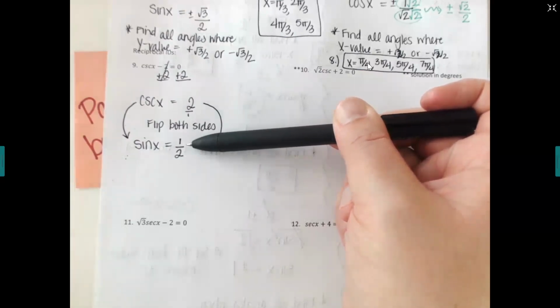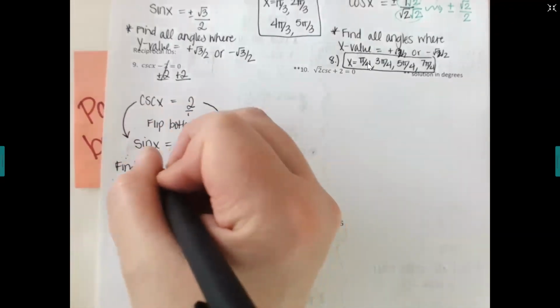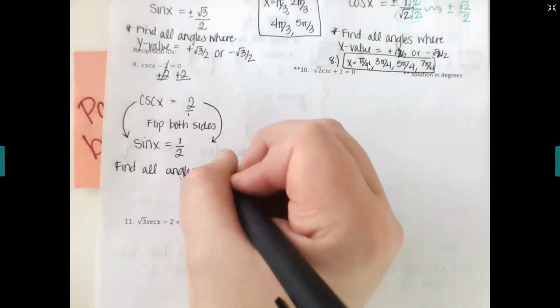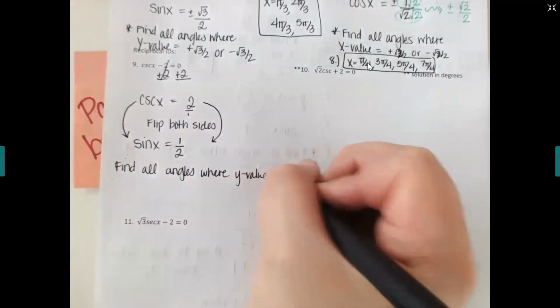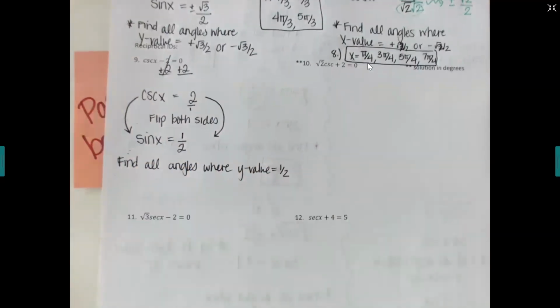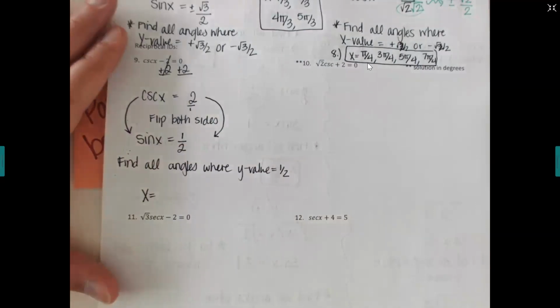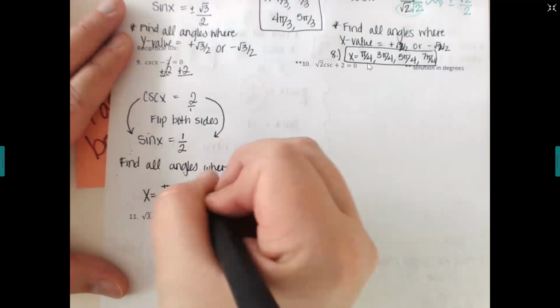So find the 2 places on your circle where the y value is 1/2. So find all angles where the y value equals 1/2. And then I'd love to hear those once you have them. Pi over 6 and 5 pi over 6. Correct. Pi 6, 5 pi 6.